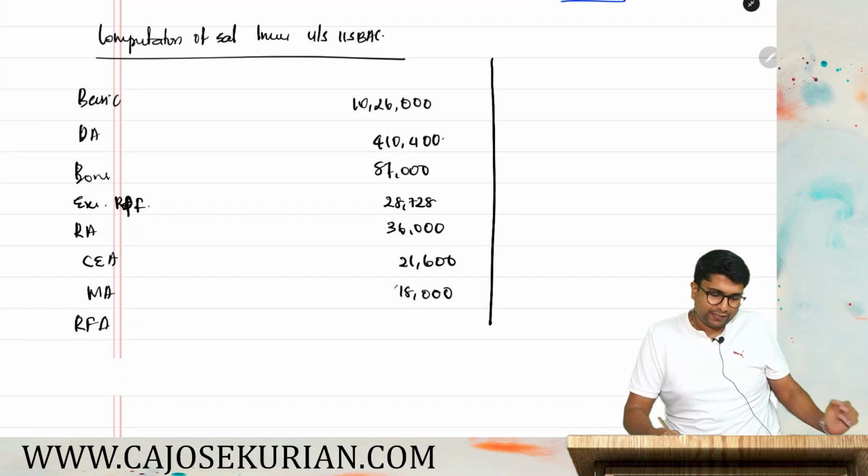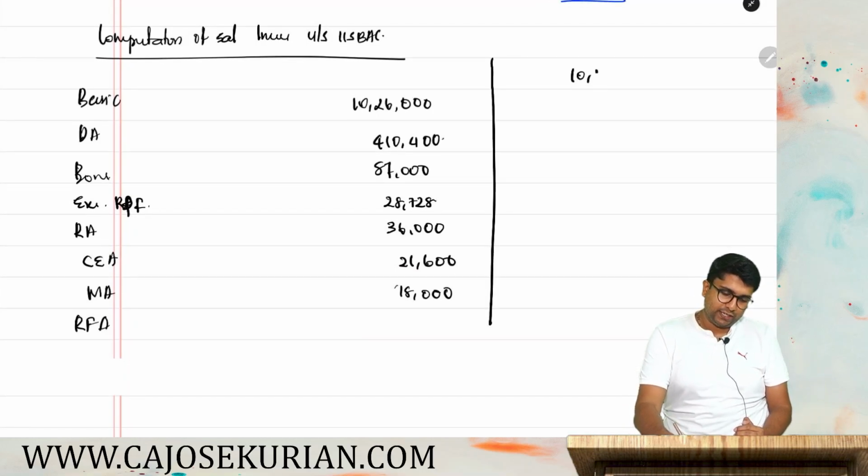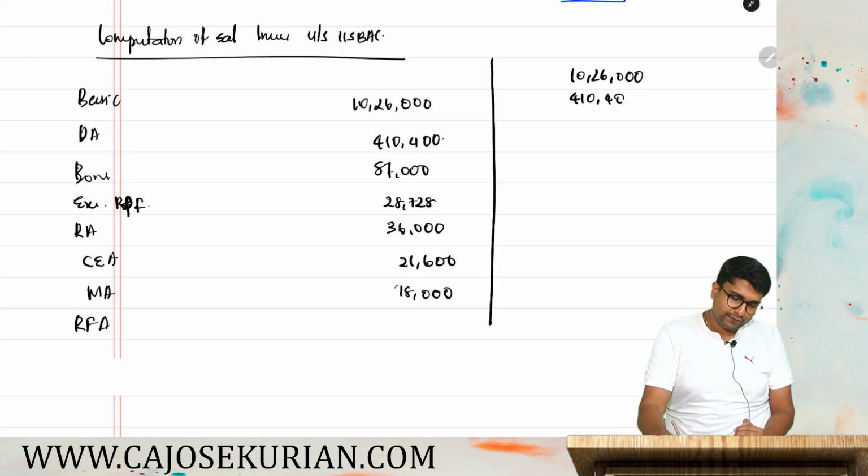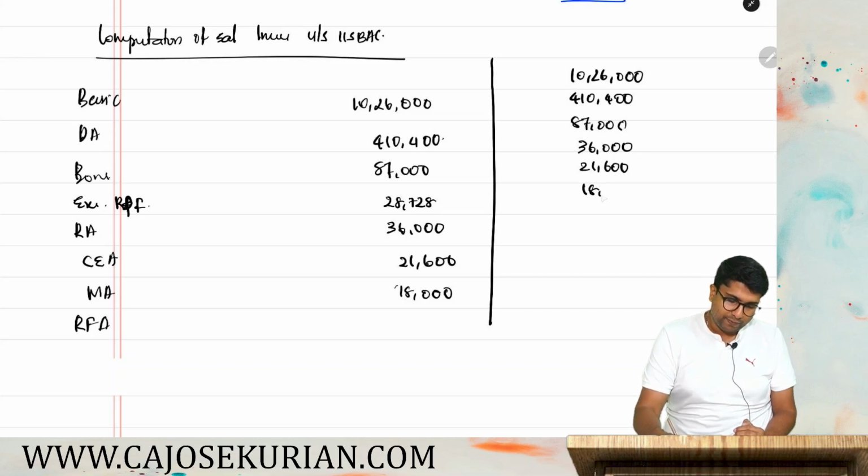What is the salary for the purpose of rent-free accommodation over here? 10,26,123, then 4,10,400, bonus 87,000, then excess contribution is not considered, research allowance 36,000 taxable, children education allowance is different, that's the difference. Full 21,600 shall be taxable, medical allowance 18,000.